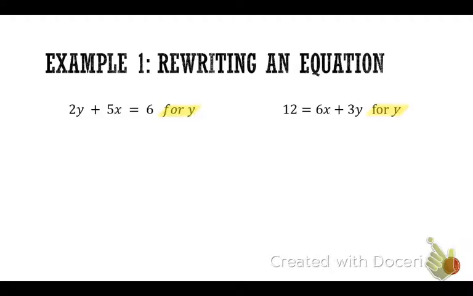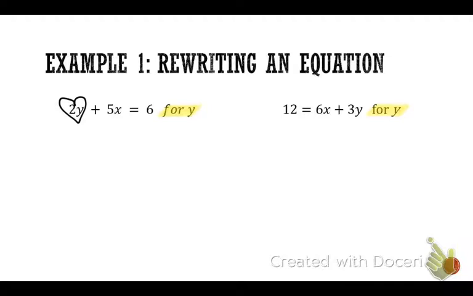So if I'm solving for y, I need to put my heart around the term that has y, okay? So that term is going to get solved for in my second step. The first thing I want to do is move what is not connected to y. And I do this by inverse operations. All right, so 2y plus 5x equals 6.